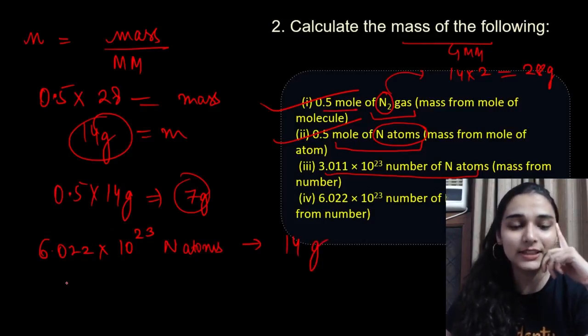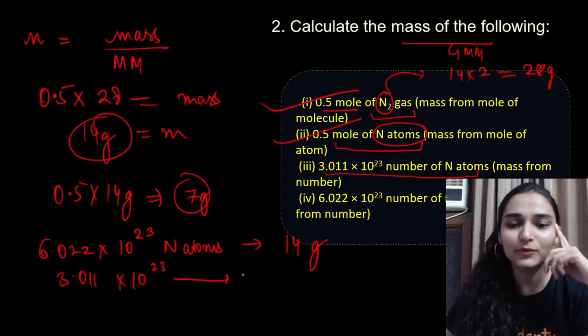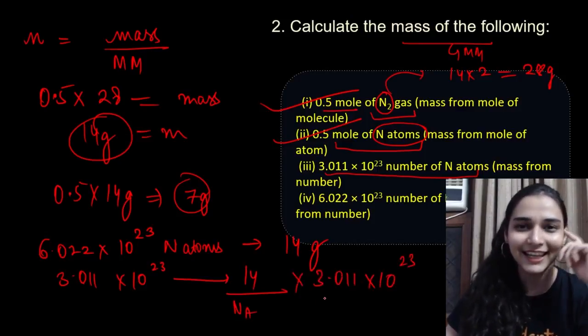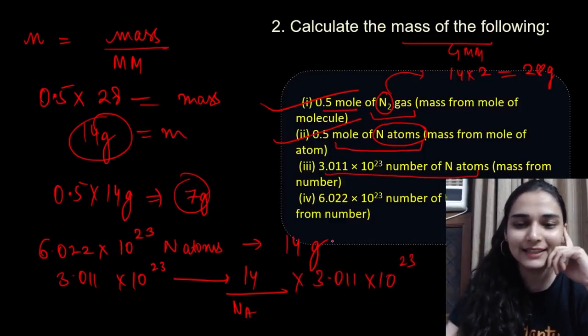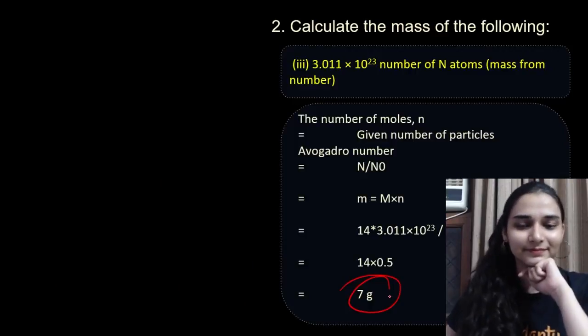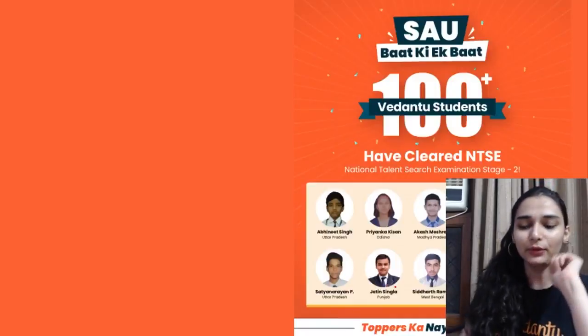Yes. So इसका मतलब 3.011 into 10⁻23 नाइट्रोजन एटम्स में कितना होगा मास? 14 divided by Avogadro multiplied by 3.011 into 10⁻23. Okay, easy peasy. Again you will get 7 only, so you can check the answers. देखो फिर से 7 आएगा. Right, so whatever you like you can go with that.